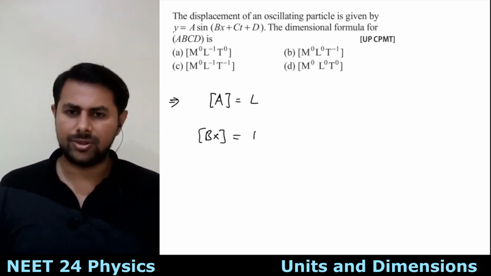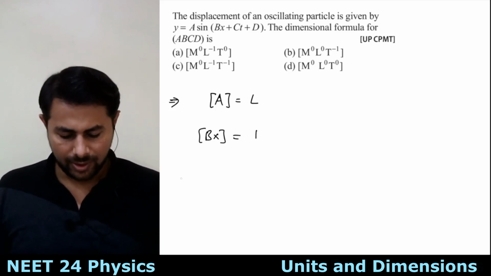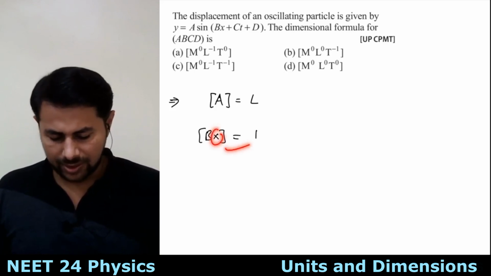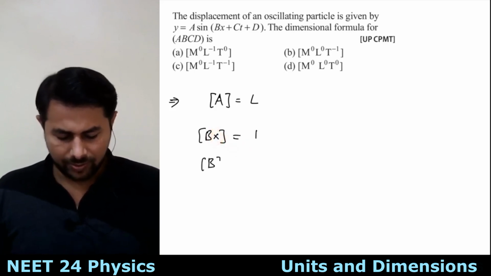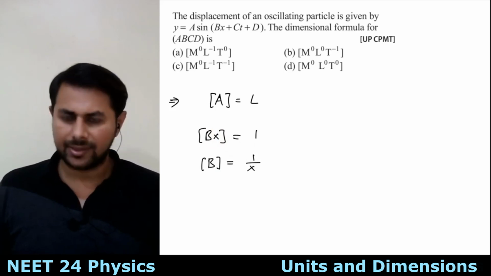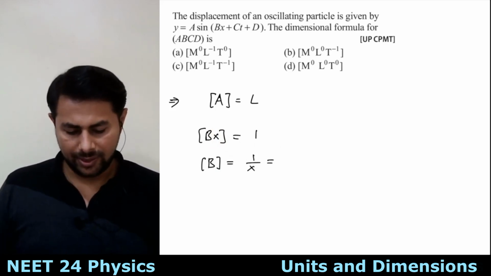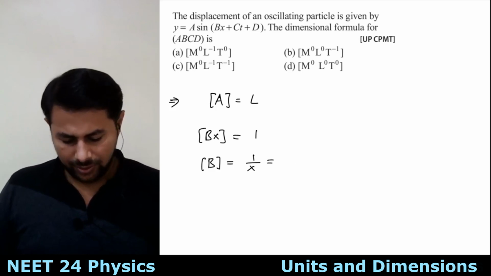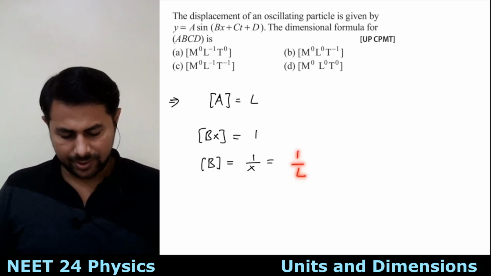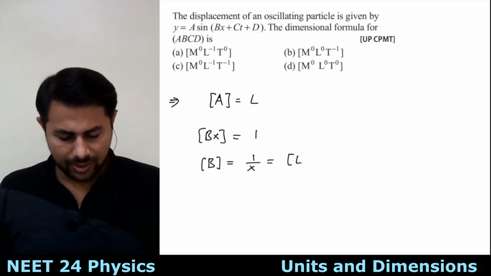And anything raised to 0 means what? 1. Okay, so you move that x on other side. Dimensions of b would be equal to what? 1 by x. So 1 by x means x is length. Okay, x is length, so this is 1 by L, that means dimensions of b are L raised to minus 1.